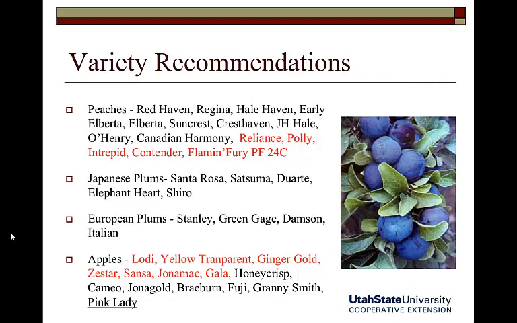Some of you may say, oh, my favorite one's not there. On this peach list, anything that's in red, the Reliance, Polly, Intrepid, Contender, Flame, and Fury, those are Zone 4 peaches. So if you have family that live up in southern Idaho or Morgan or some of the higher mountain elevations, those are some Zone 4 peaches that you could try.